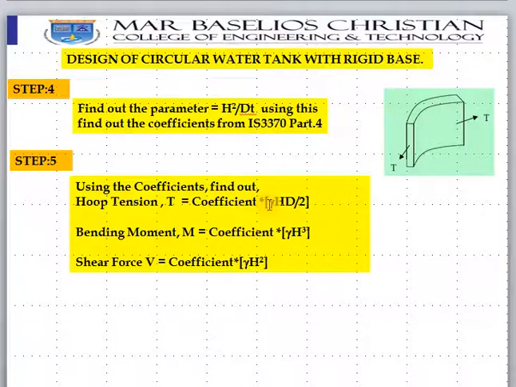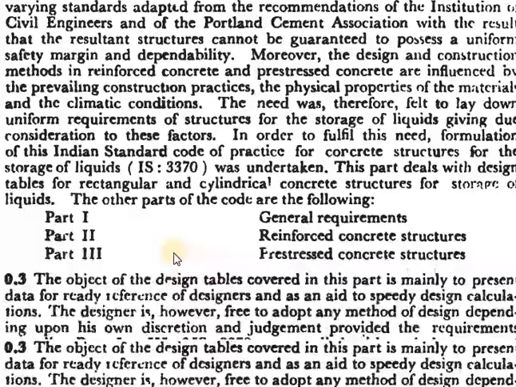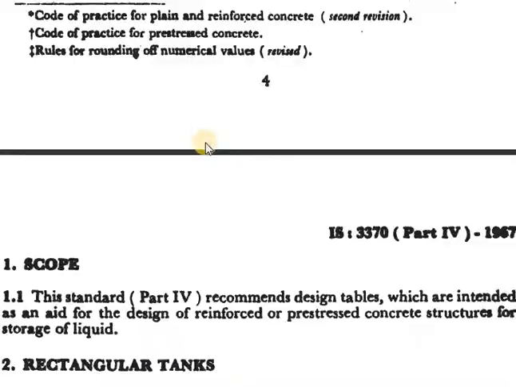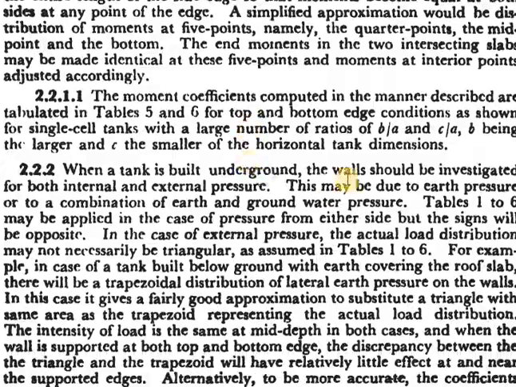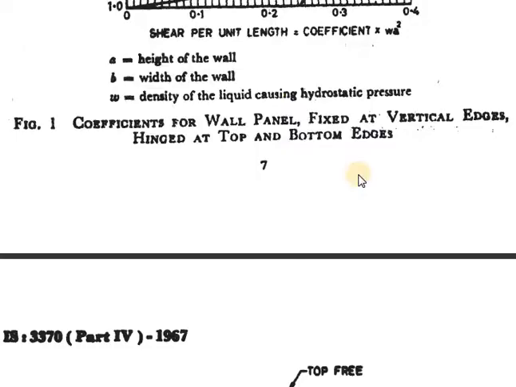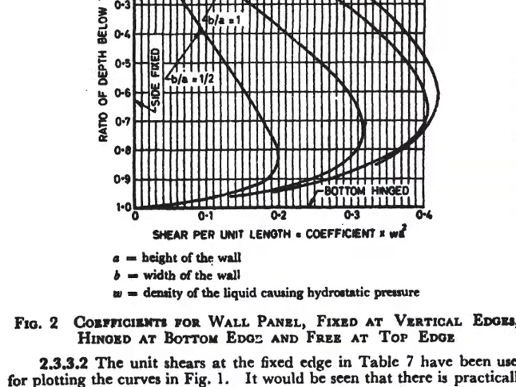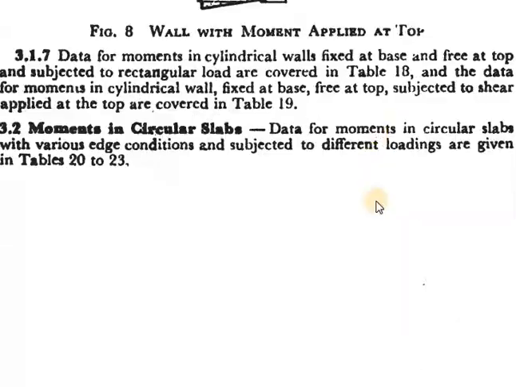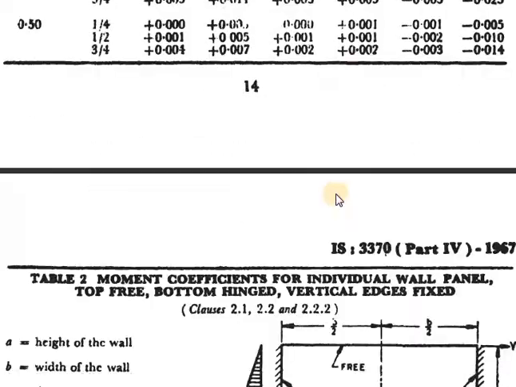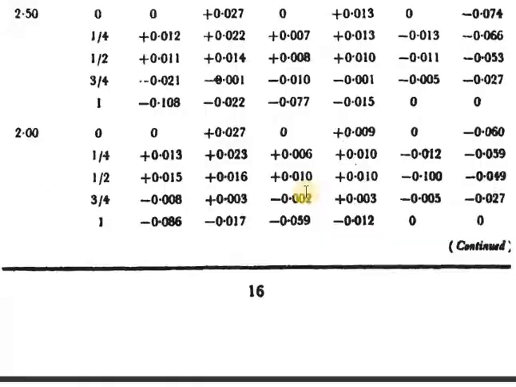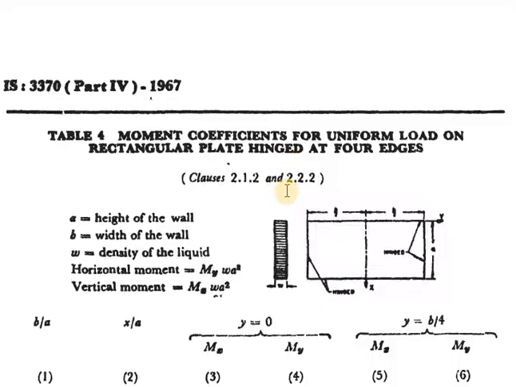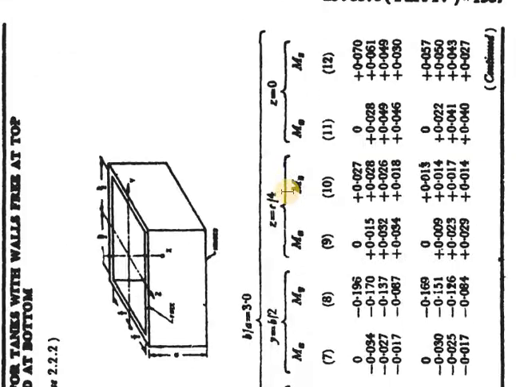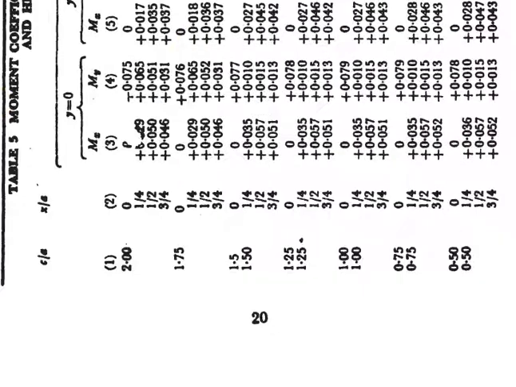For finding the coefficients, you will look into IS 3370, in which there is a table where, for the circular tank, they have given the coefficients directly. You will see that document.